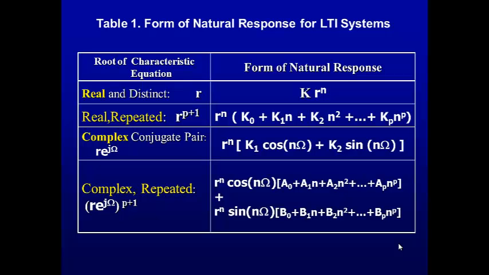It's a magnitude 2 times the square root of 2 raised to the n power multiplied by a cosine and a sine with unknown coefficients: K1 cosine of 3 pi over 4 times n, and K2 times the sine of 3 pi over 4 times n. And that's the shape of the natural response.